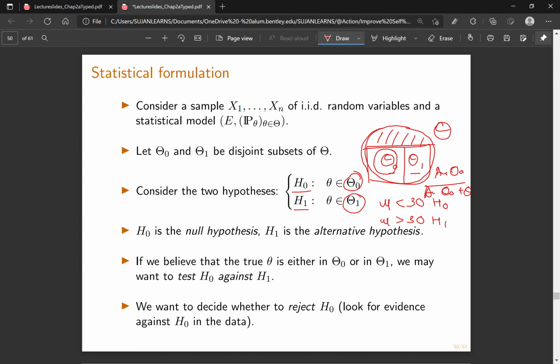Now the jury passes a verdict at the end. What does the jury say? They say that this person is not guilty. They don't say this person is innocent.